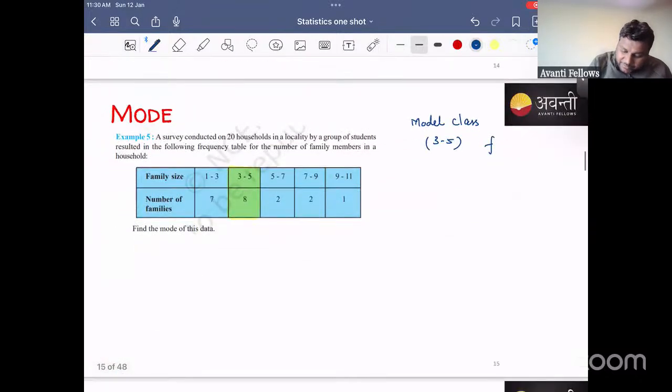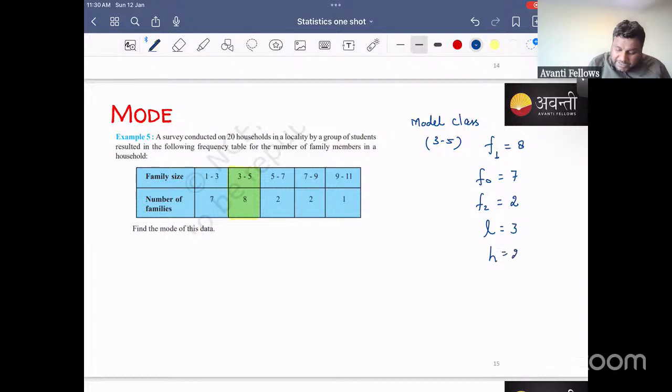Modal class is 3 to 5 with frequency F1. I'll use the same notations. F1 is 8. Now in this case, F naught is what? Frequency of the class preceding the modal class, 7. F2 is the frequency of the class succeeding the modal class, that is 2. L is the lower limit of the modal class, that is 3.